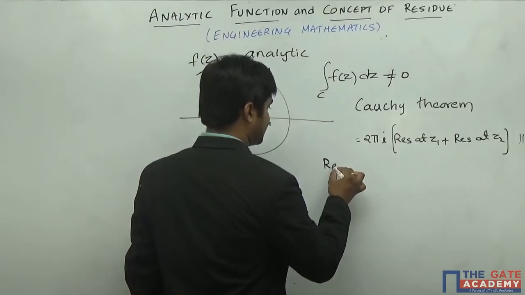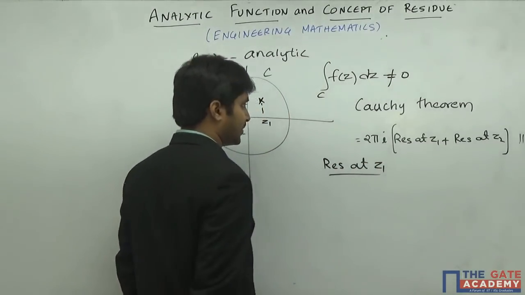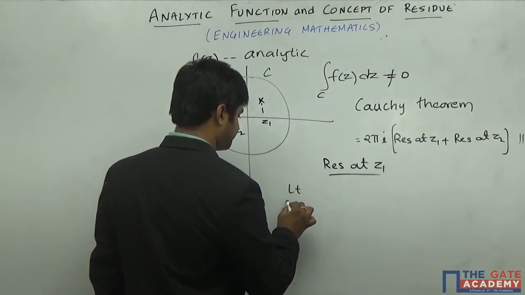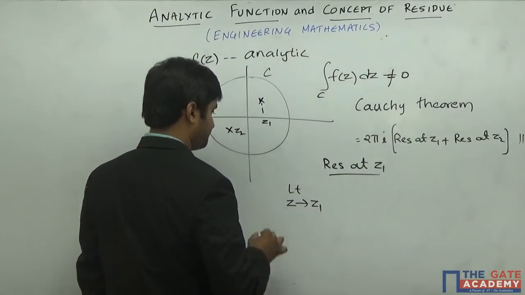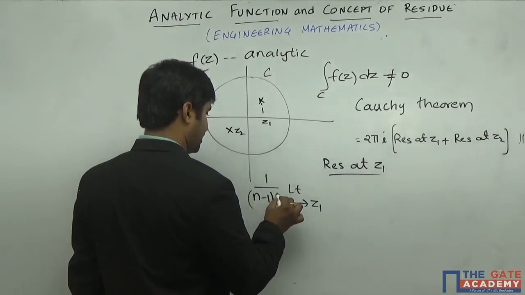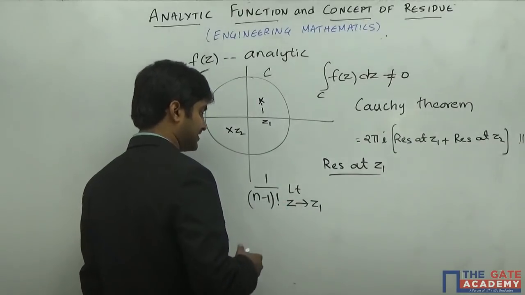So let us try to find the residue at z1. The residue at z1 is given by limit z tends to z1, 1 by n minus 1 factorial, d power n minus 1 by dz power n minus 1 of (z minus z1) whole power n into f of z. Please don't get frightened by the formula. I'll tell you how to memorize it.